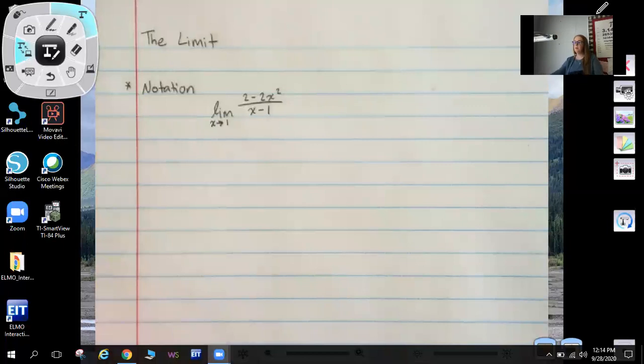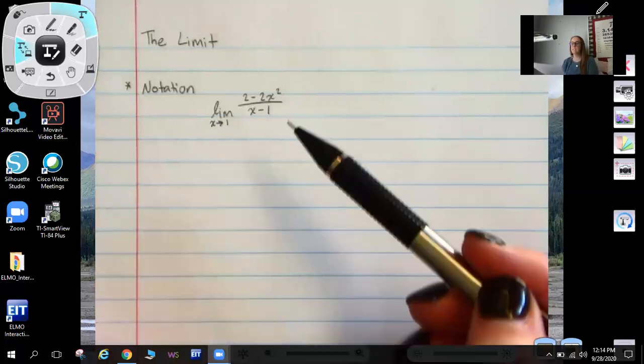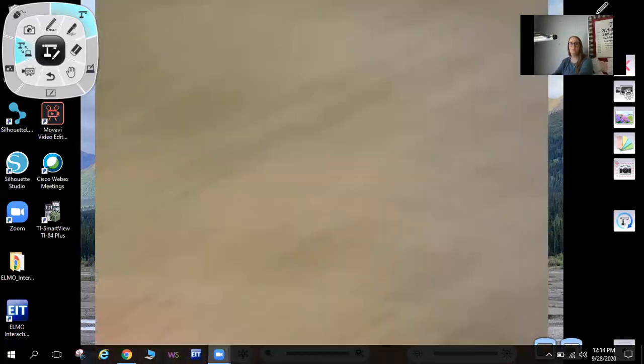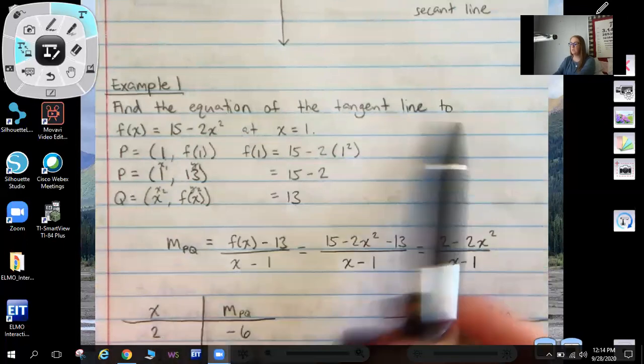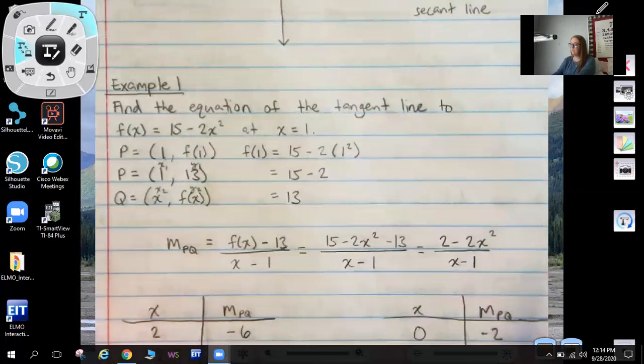This is the same as one of the examples that we did in the last section of notes. We were given: find the equation of the tangent line to this function at x equals 1. And then we had to find the formula for the slope, which is this 2 minus 2x squared over x minus 1.